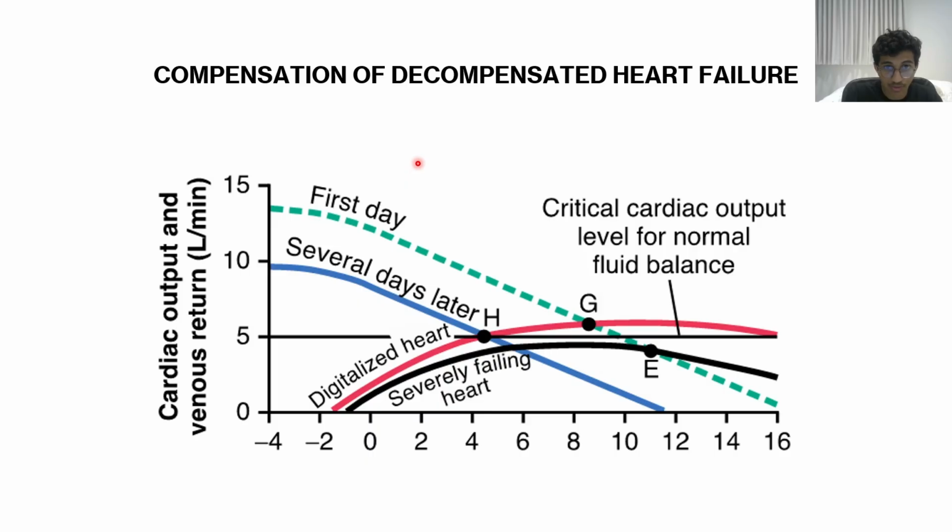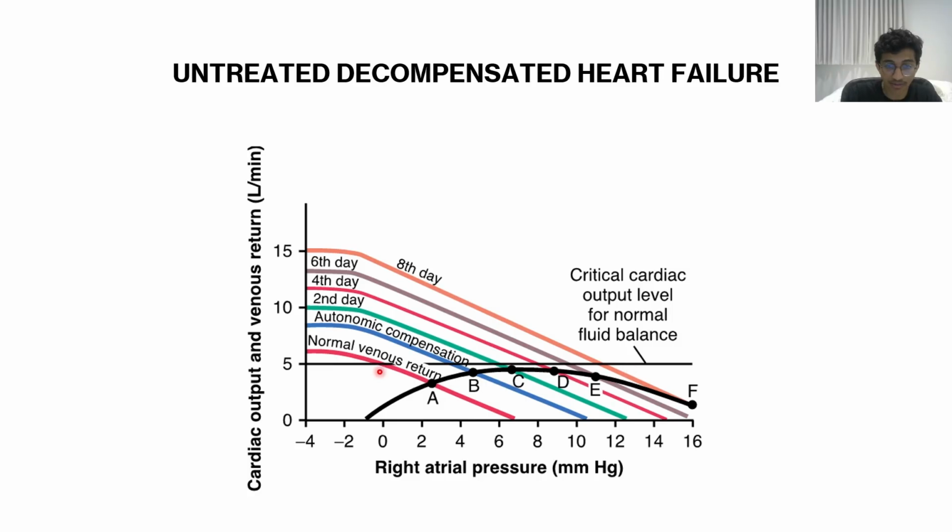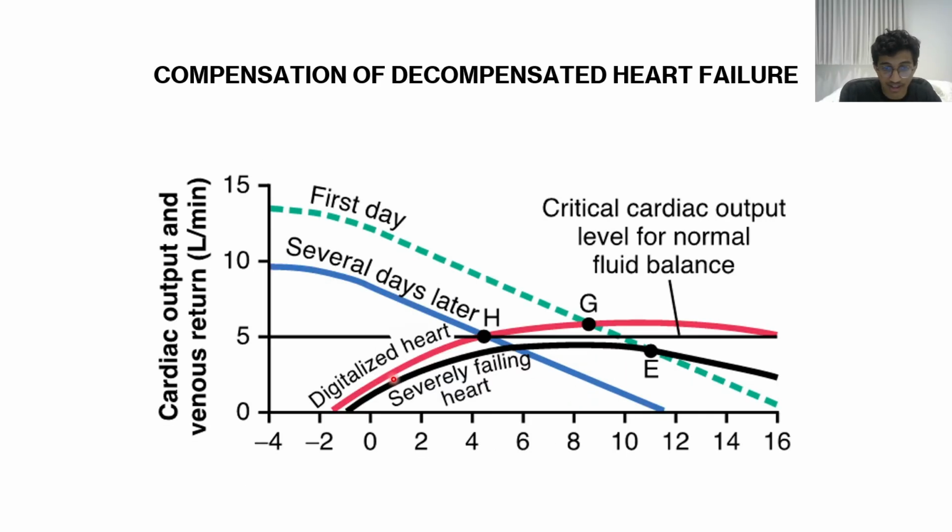Now, how do we compensate a decompensated heart? In this example, we use digitalis. The black line here represents the same line we saw here, but the red line represents the decompensated heart that is treated with digitalis.